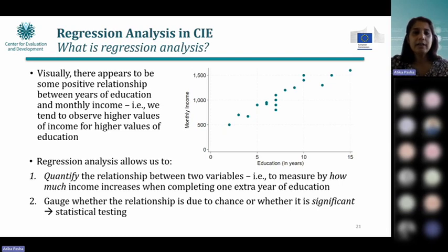And then the second aspect that our regression analysis will allow us to do is to gauge whether this relationship is due to chance or whether it's actually significantly different, and we are confident about our relationship existing. And here is where we will rely on statistical testing. Because now all of you are experts in statistical testing, this part will be easy, so I'll try to focus a lot more on this part.